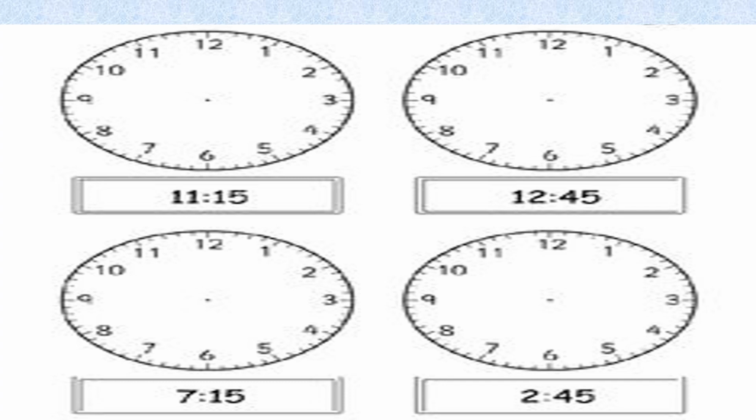Draw the hour hand and the minute hand according to the time given below each clock. So the first time that we have to show in the clock is 11:15.